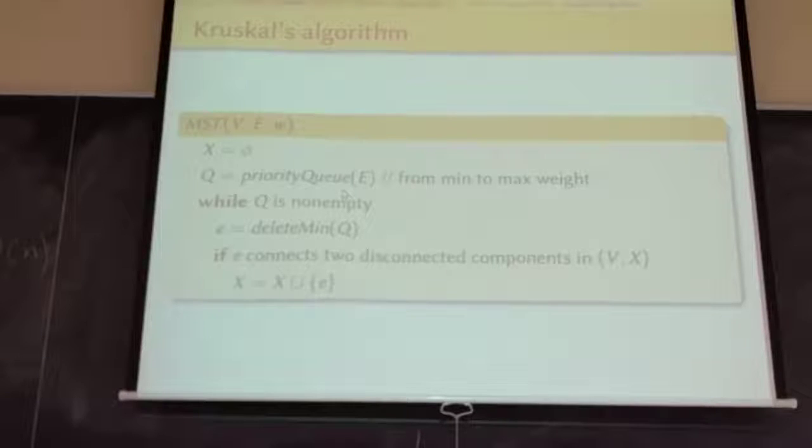So if you have a data structure that gives you fast unions and fast set identification, that is, given an element, identify the set that it belongs to. If those two operations can be done fast, then this whole algorithm can be completed very quickly.